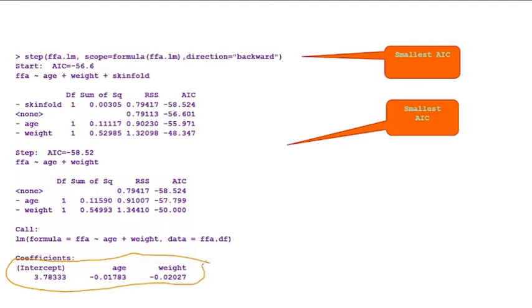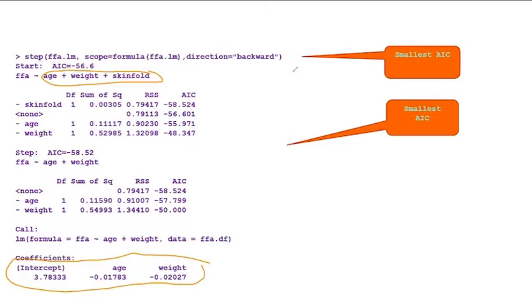So if I want to talk about the fatty acid, initially we have these predictors: age, weight, and skin fold, but the backward elimination actually selected just age and weight. I just wanted you to take note of that.